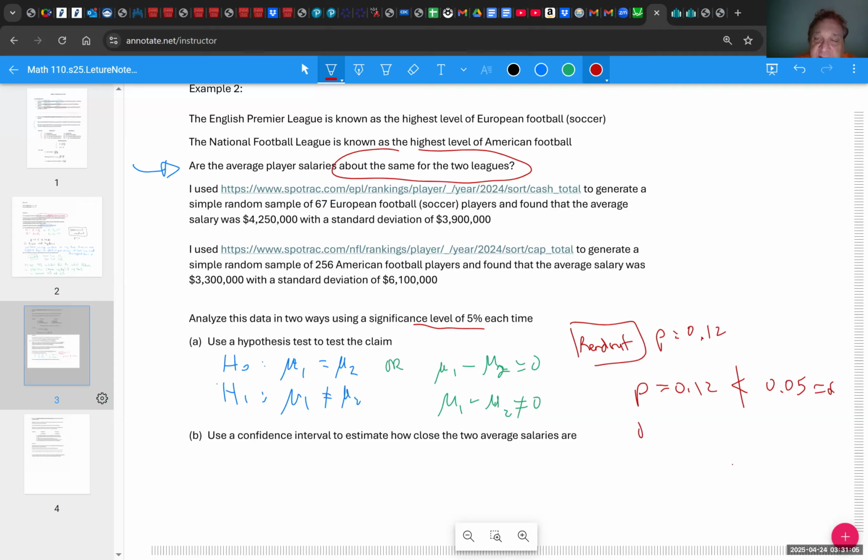Some people may write this as the greater than statement, which is fine. Whichever way you write it, we know the p-value is not low enough. The p-value has to be lower than the significance level for us to reject the null hypothesis, and this didn't happen. We had 12% versus 5%, so we do not reject the null hypothesis.